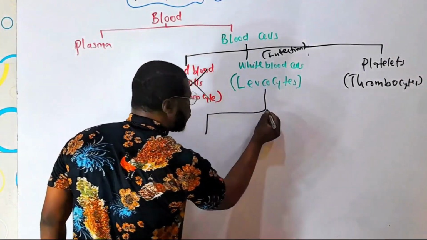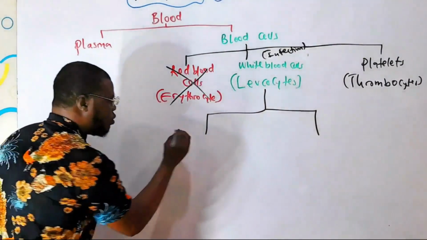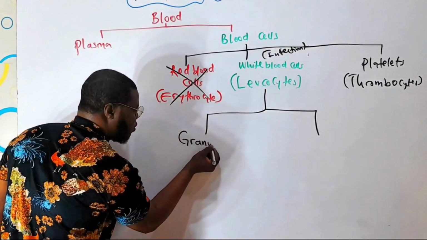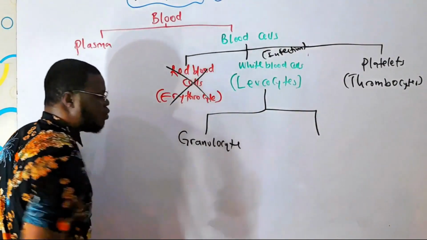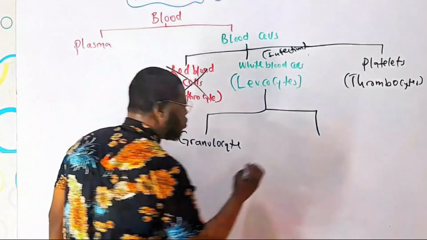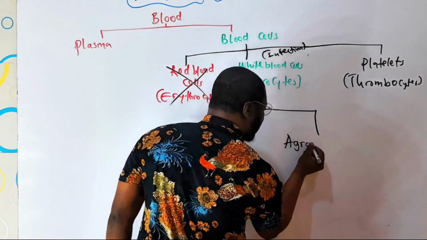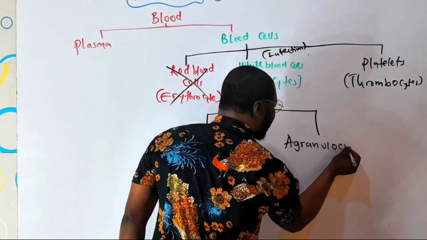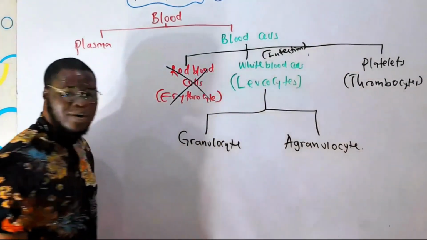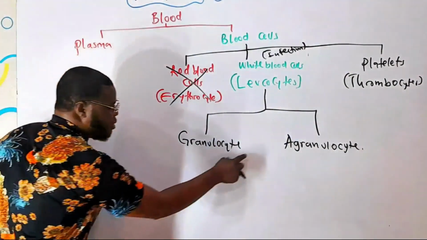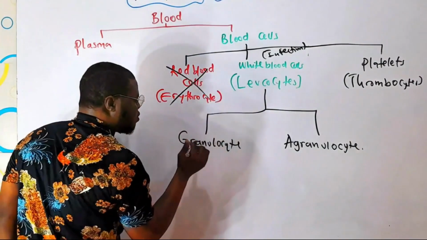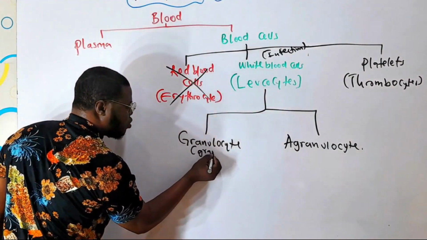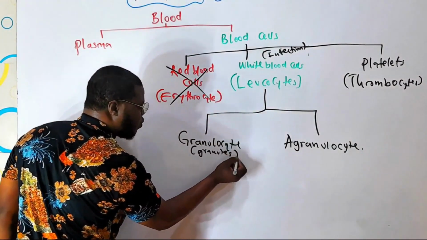The point is that they are grouped into just two. The first one is called the granulocytes, and the second one is called the agranulocytes. When they say granulocytes, they are the types of white blood cells that possess granules.